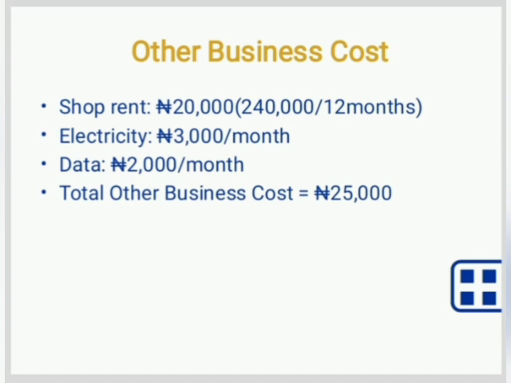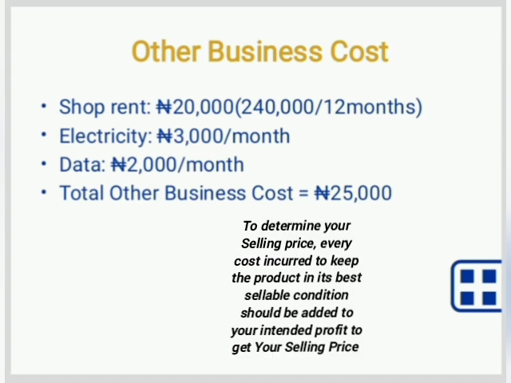Let me give you another example. If you buy meat, you're into production of food, you're a food vendor, and you don't put that meat in the fridge, do you think that meat will be in the best condition when you want to use it to cook your food? No, it would have spoiled.